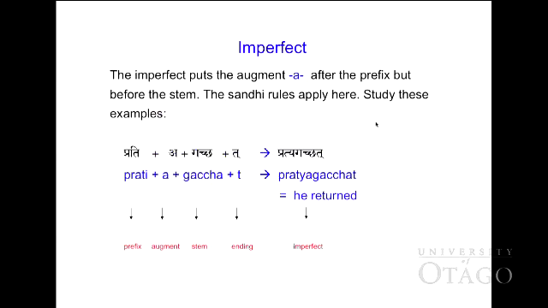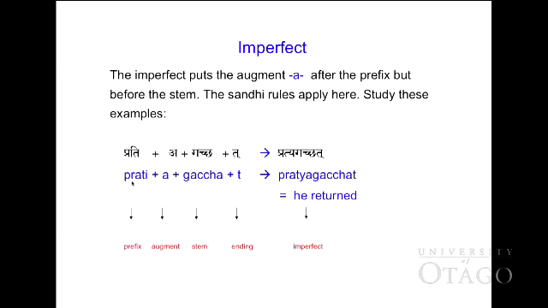The imperfect puts the augment after the prefix if you have a verb that has a prefix, but before the stem. So we have to put it between the prefix and the stem of the verb. And the Sandhi rules always apply here. So study from this example.